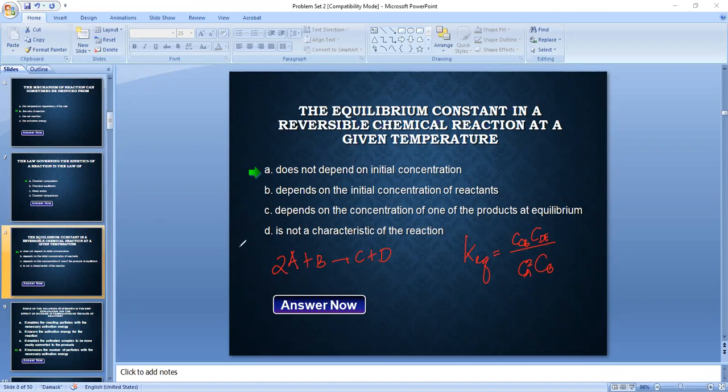As Giselle gave as an answer a while ago, the stoichiometric coefficients are actually the powers to which these concentrations are raised. Another factor on which your equilibrium constant is dependent, this is very elementary, is the rate constant of the forward reaction, same thing with the rate constant of the reverse reaction.